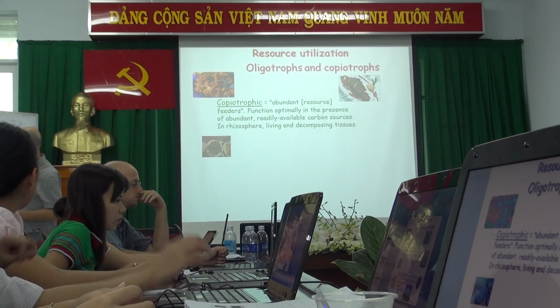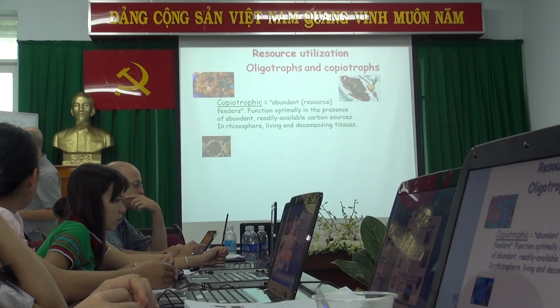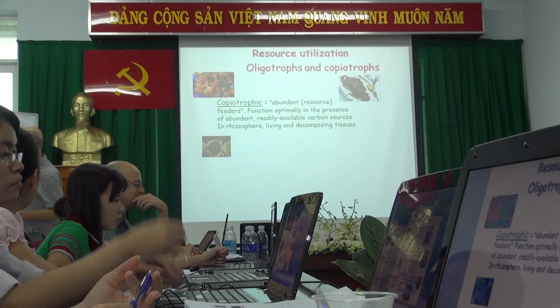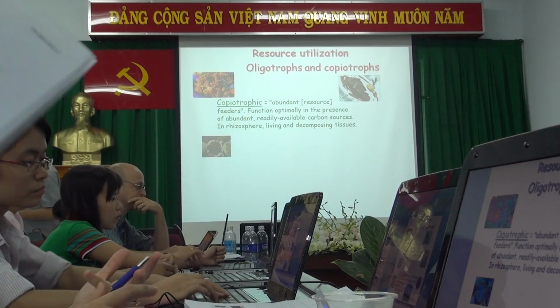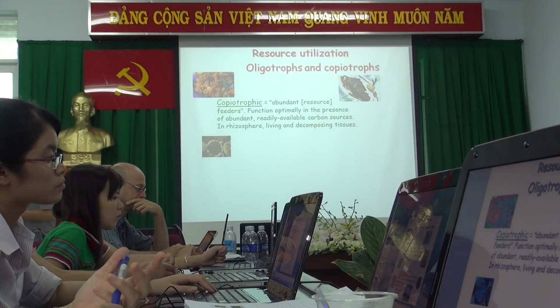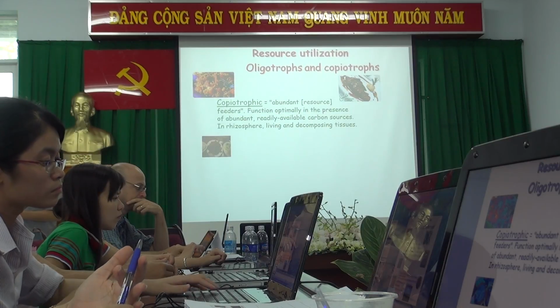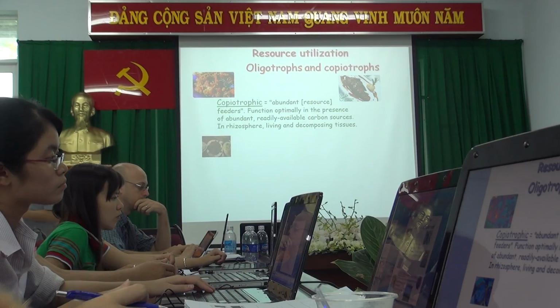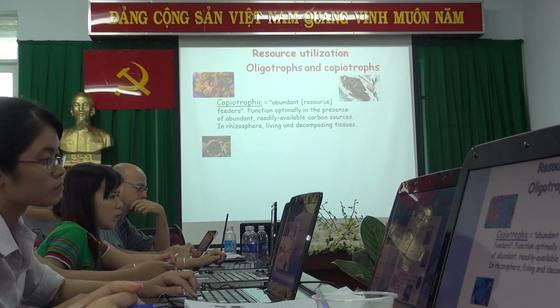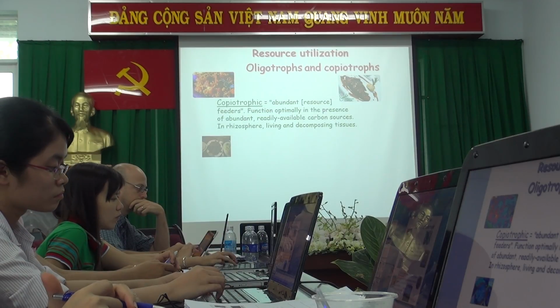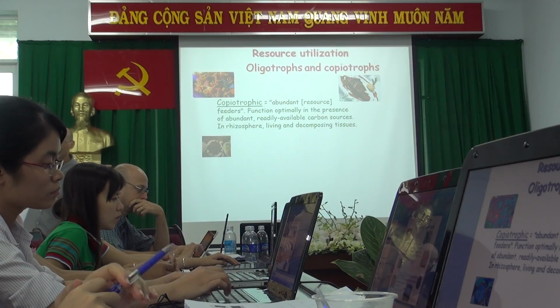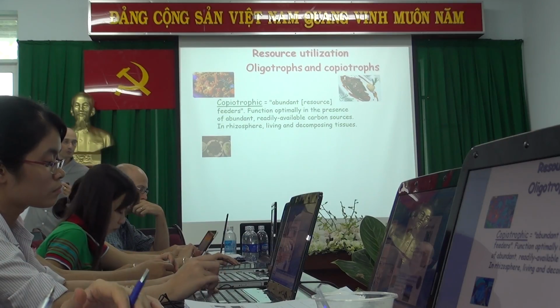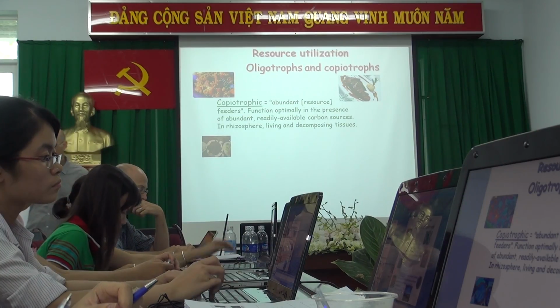We mentioned sugars, amino acids, proteins, and different stuff. And this is very rich. So the bacteria in the rhizosphere that can utilize these rich substrates are copiotrophic. They can enjoy this very high energy meal or very rich meal, and they can proliferate.